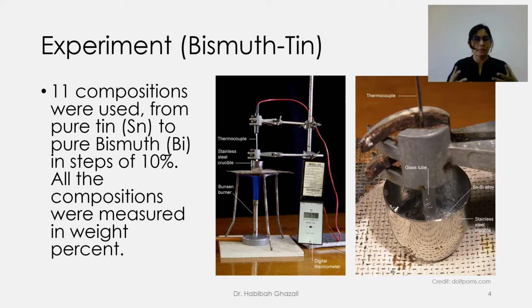Eleven material scientists used eleven compositions of bismuth and tin, ranging from pure tin to pure bismuth, in steps of 10% addition of bismuth. All the compositions were measured in weight percentage.